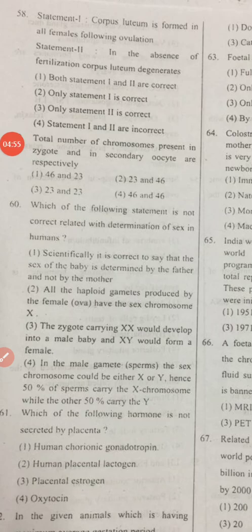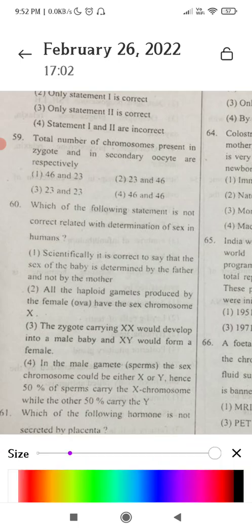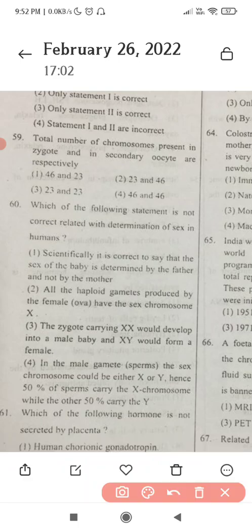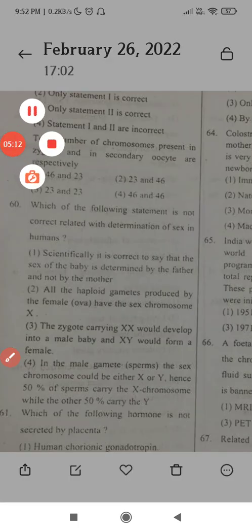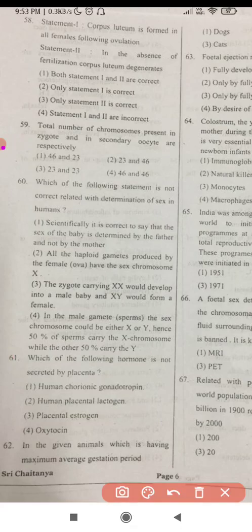So moving on to the 58th question. Statement 1 says corpus luteum is formed in all females following ovulation. Yes, so it is correct.